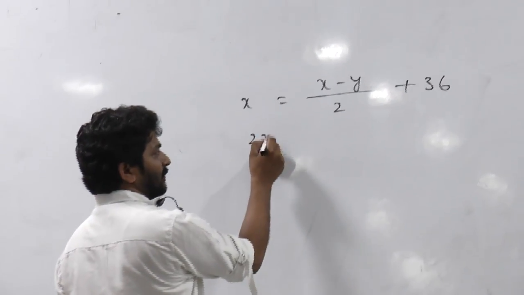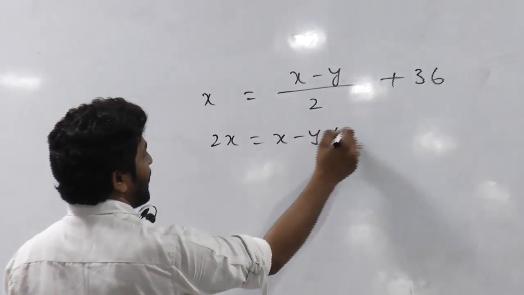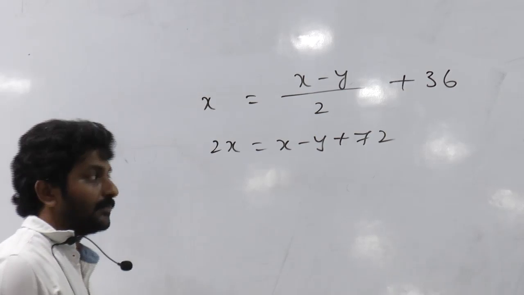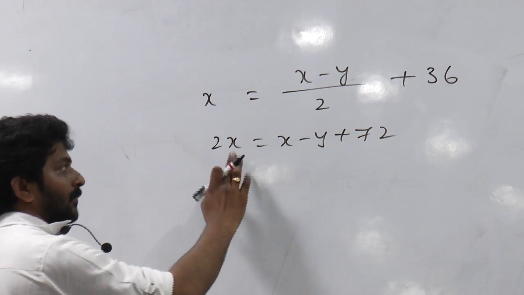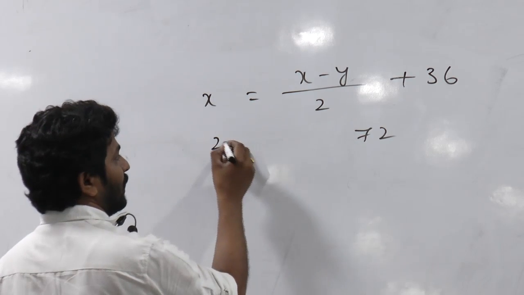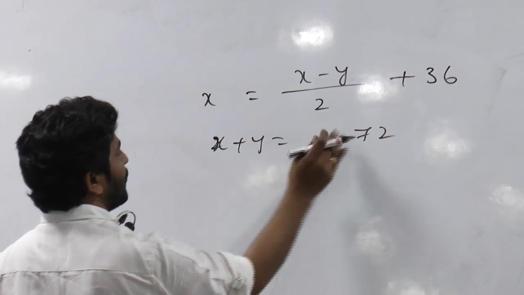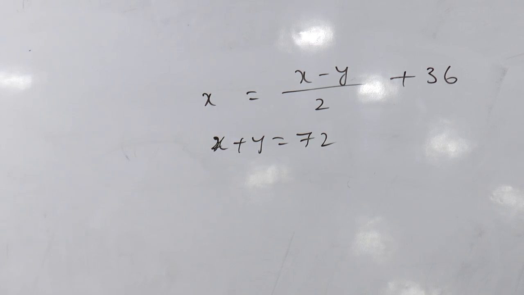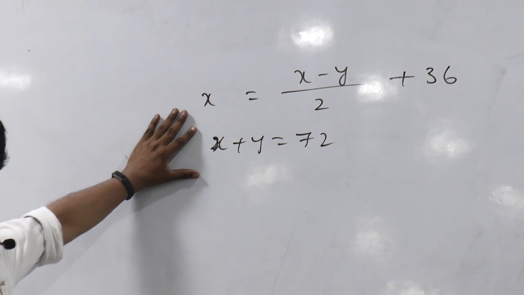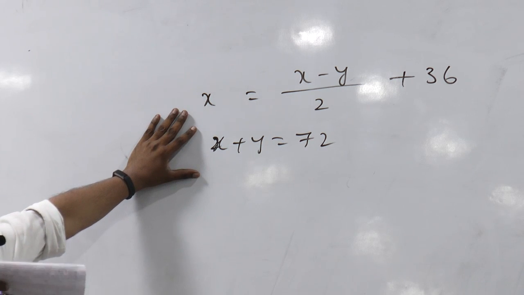That gives x plus y is equal to 72. Were you asked to calculate sum of numbers or find the numbers? Find the numbers. From this, can you calculate your numbers, x and y values? No. 1 alone will not give you answer.